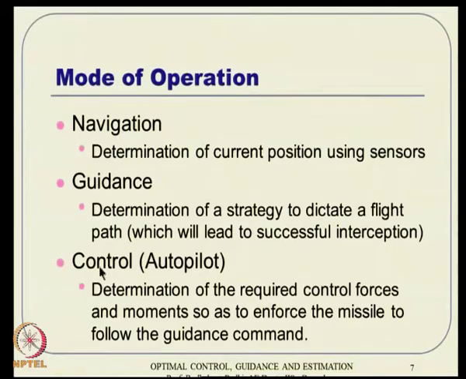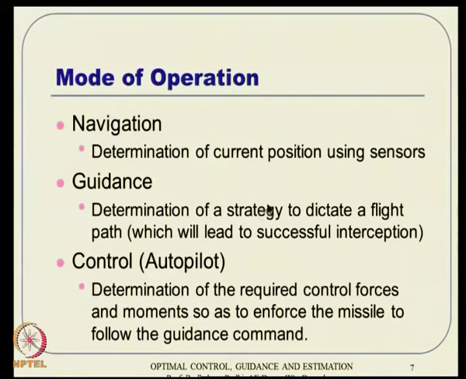After that is done, the next task is control, which is largely known as the autopilot in the missile community. The objective here is determination of the required control forces and moments, so as to enforce the missile to follow the guidance command. Navigation gives the status of the vehicle, guidance gives the way to go, the flight path to take, and the control or autopilot generates all the necessary control forces and moments to ensure that the guidance path is followed.